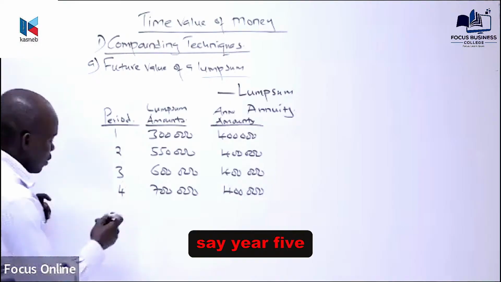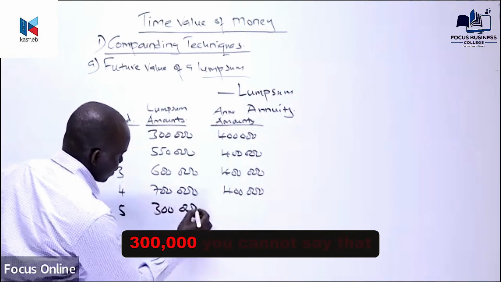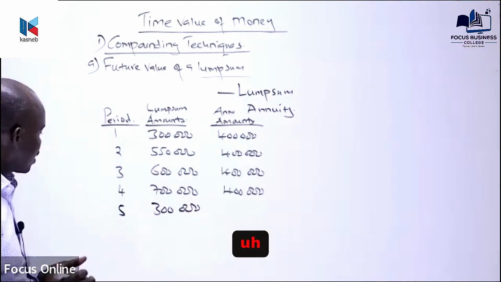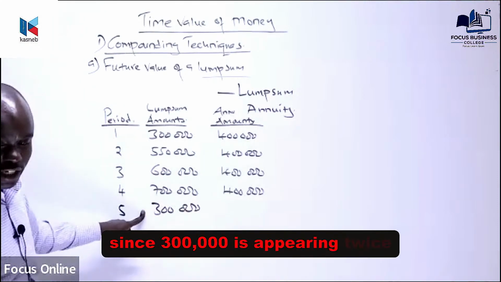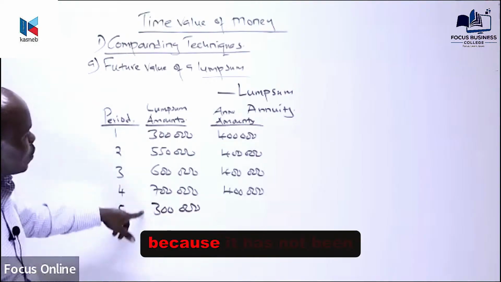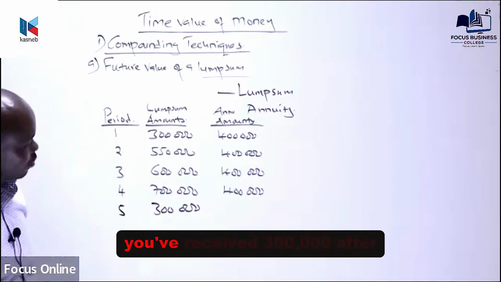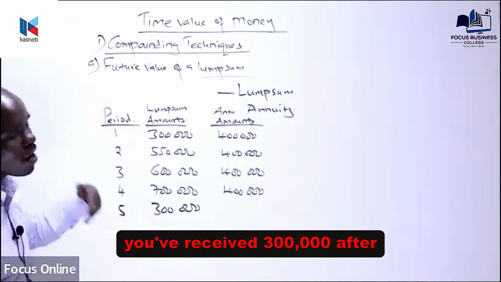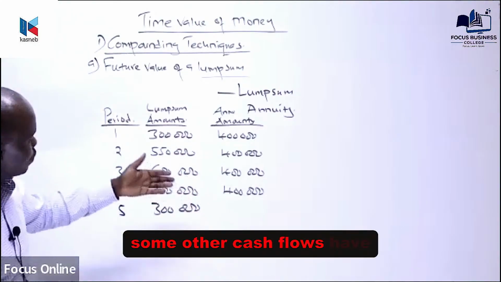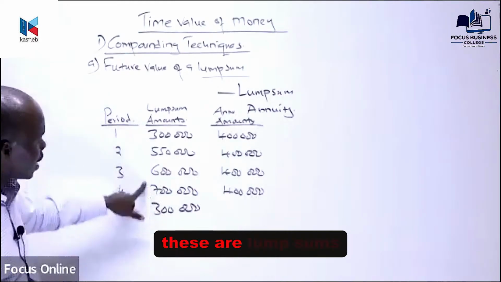Maybe in year 5, 300,000. You cannot say that since 300,000 is appearing twice, it is an annuity. No, it is not an annuity because it has not been received regularly. You've received 300,000 after some other cash flows have been received. Are we together? So all these are lump sums.